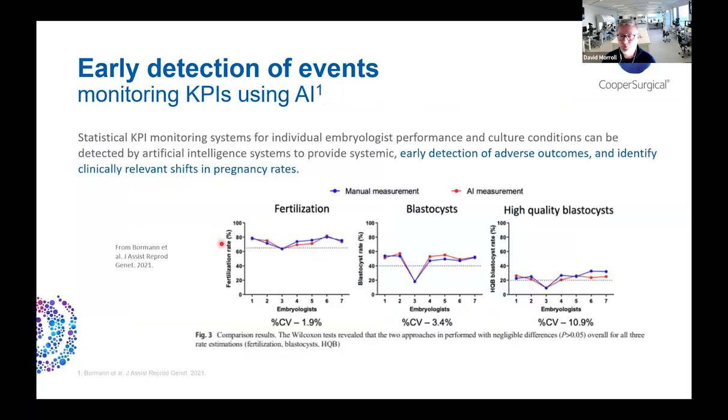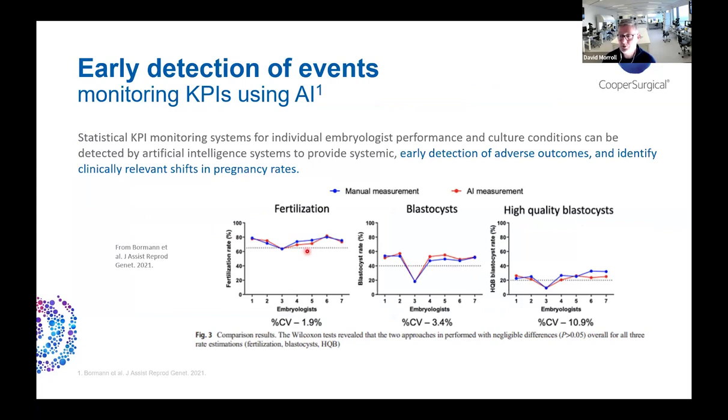Now, another interesting one, this is from Borman and colleagues from a couple of years ago. Here, what they were doing is they were comparing manual measurement of KPIs with ones that used outcomes of embryo assessments based on an AI system.